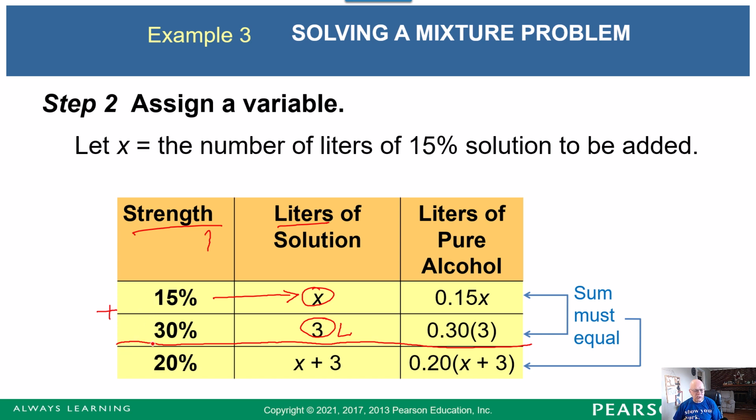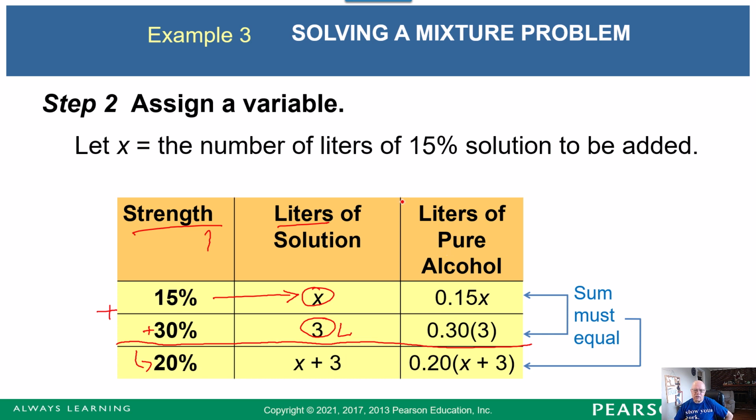So I might put a double line here, just showing that we're going to take this, add this to it, and end up with the 20% solution. And as with distance, rate, and time, we take the concentration percent times the amount of the solution and multiply those together to find out how much alcohol.